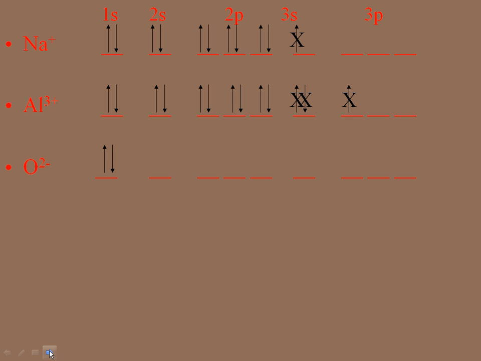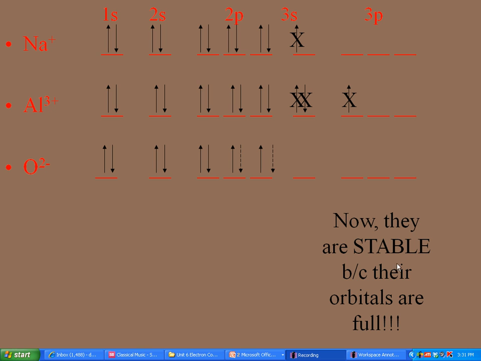Oxygen, I'm going to gain 2 electrons. Now what happens here is they become stable elements, or stable ions, because they have full orbitals. So let's see if that makes sense. Full, full, completely full. Had an extra. That was easy to get rid of, so when I got rid of that one, all of these are full. Aluminum, everybody's full. That one was full, and I'm going to lose 3 of those, because if you look at this, these are on the third energy level. If I can get rid of those, I'll be much more stable here.